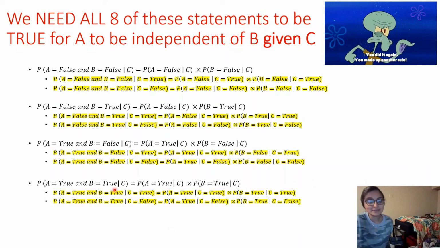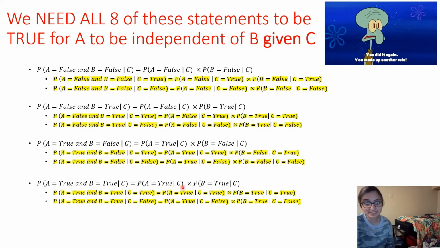And lastly, we need to see if the probability that A and B are both true given C is equal to the probability that A is true given C, multiplied by the probability B is true given C. So all we do is we add in, what if C is true? Then true here, and true here. We put in true here, here, and here. But if C is instead false, then we just put false here. False, false, and false. So there are these 8 outcomes that we have, which I've highlighted for you guys.